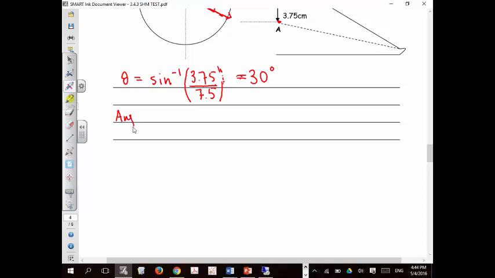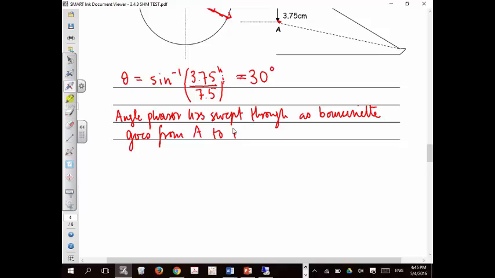And the angle the phasor has swept through as the bouncy net goes from A to B is 2 times theta, which is equal to 60 degrees.